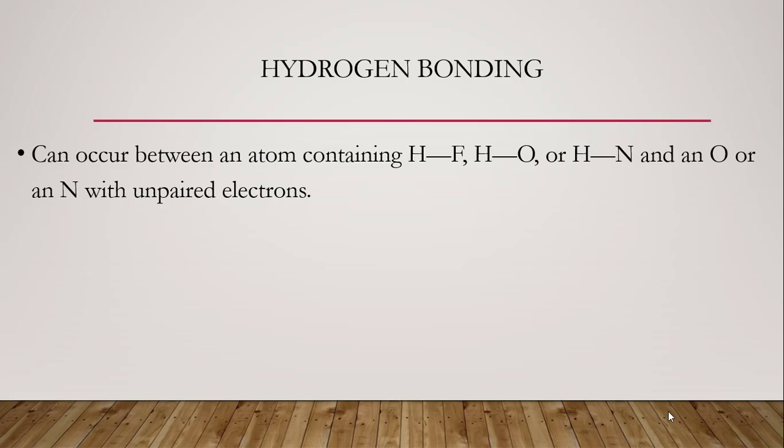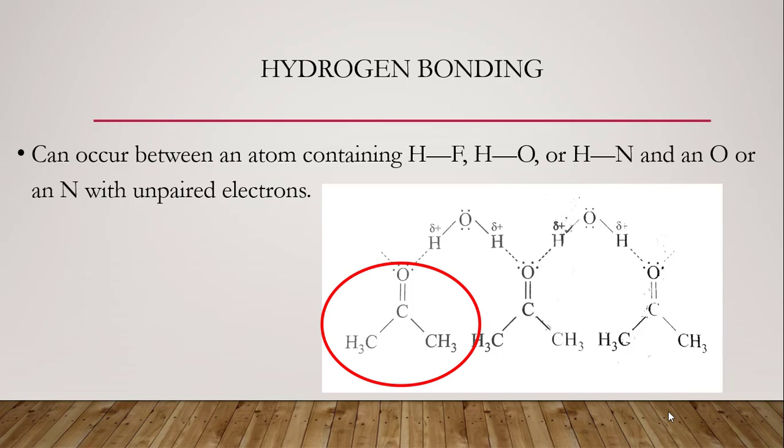You can have mixtures where hydrogen bonding is involved in the intermolecular forces. And this can occur between a hydrogen bonded to fluorine, oxygen, or nitrogen, and an oxygen or a nitrogen with unpaired electrons. Here we have acetone being dissolved in water.